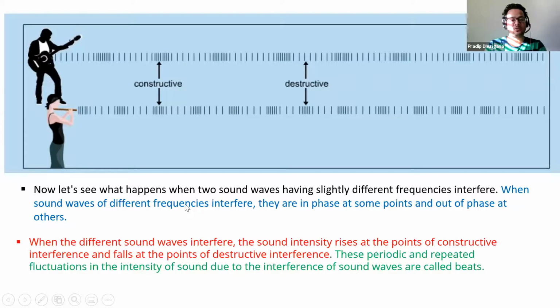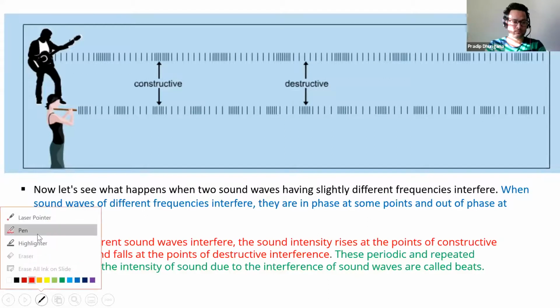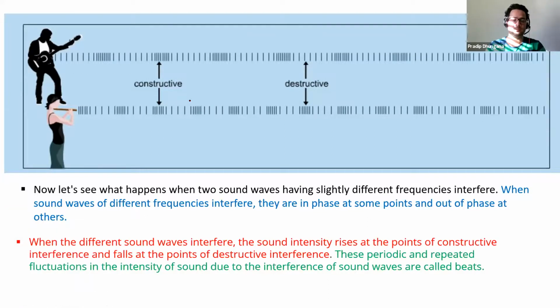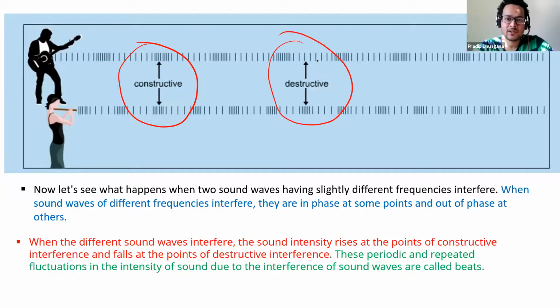When sound waves of different frequency interfere, they are in phase at some points and out of phase at others. Here they are in phase because we can see compression. Here they are out of phase, destructive, because here we can see rarefaction, and here compression.